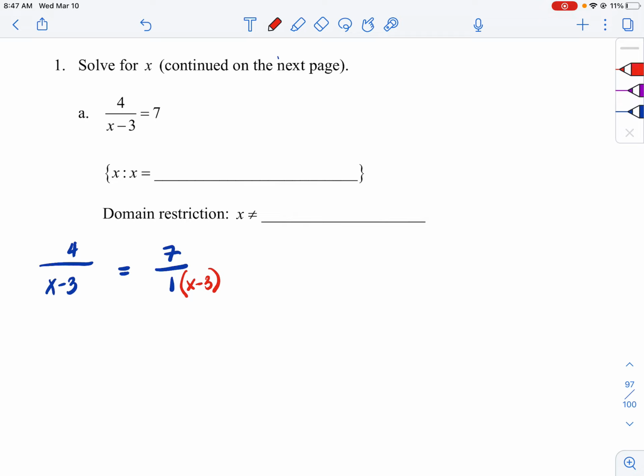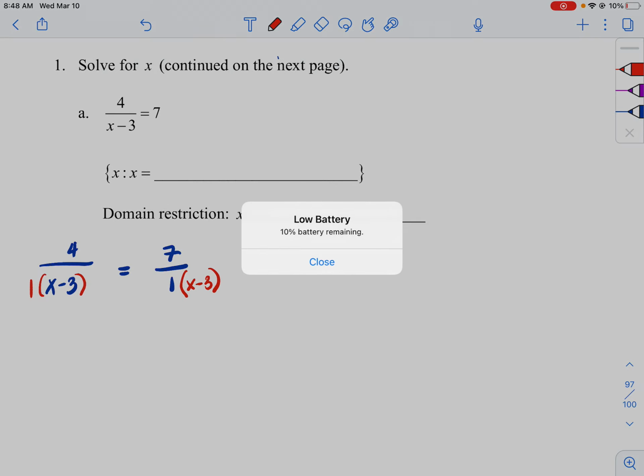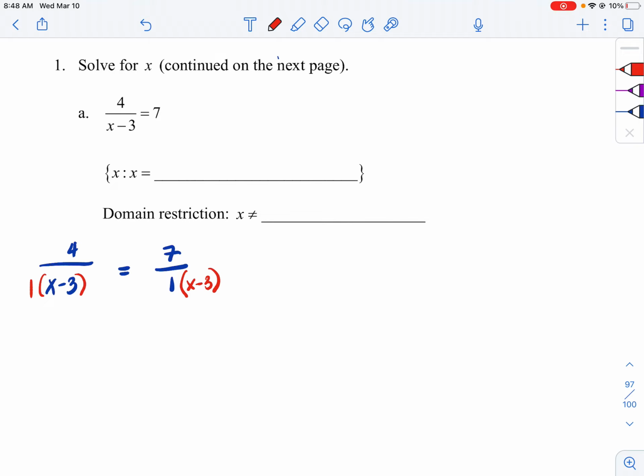Now, this has an x minus 3, and this has an x minus 3. Now they're equal. And then this one has a 1, but this one also has a 1. You don't really have to give 1, but just for the sake of understanding, let's give it a 1. Although 1 doesn't really matter, because x minus 3 times 1 will still be x minus 3.